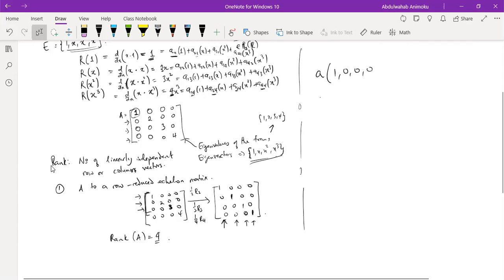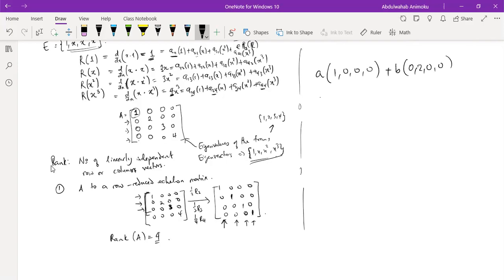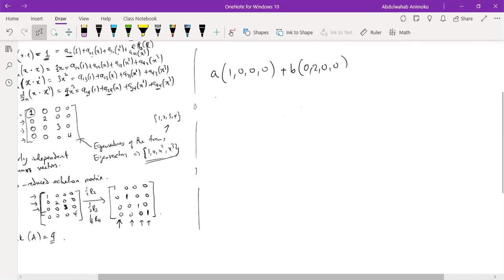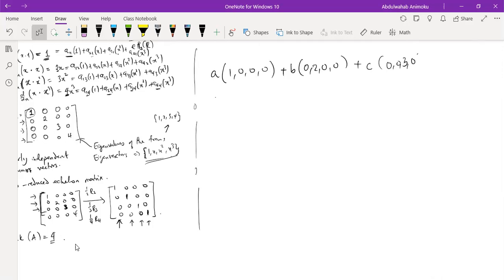So let's use the row vectors. It means a linear combination of these vectors, and the last one is 0, 0, 0, 4, must be equal to the 0 vector, right?